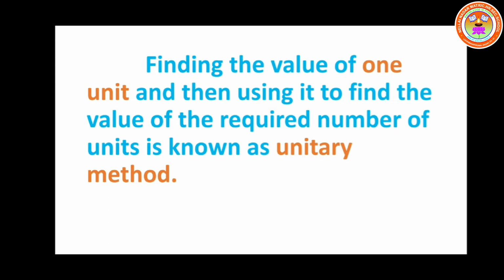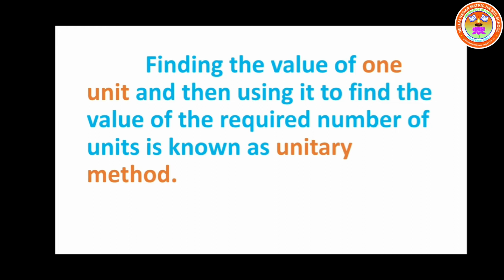So as I told you, you will be dividing. 50 divided by 5, you will be getting rupees 10. Now next, what is the question they asked? Find the cost of 10 pens. So you multiply that, because the cost of 1 pen is 10, then the cost of 10 pens will be 10 into 10. So your answer will be rupees 100.